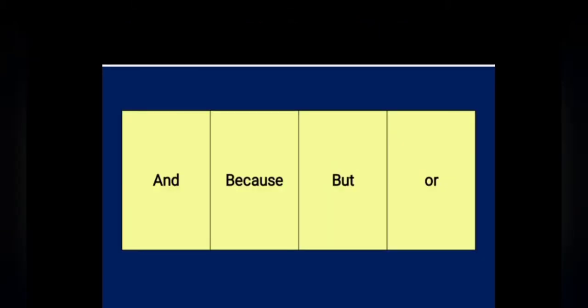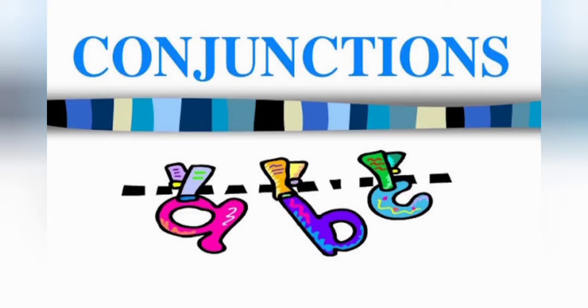Well, students, did you notice the words like and, because, but, or in the previous slides? These words were highlighted in those slides because they helped in joining the two words or sentences. Students, such words are called conjunctions. Now students, do you know what are conjunctions?